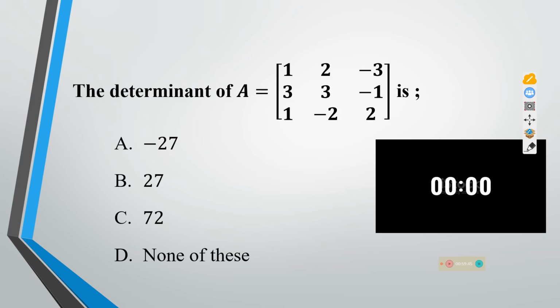So from here we need the determinant of A. And how do we get the determinant of matrix A? So first of all, we have the determinant of A as, we shall eliminate this and that.